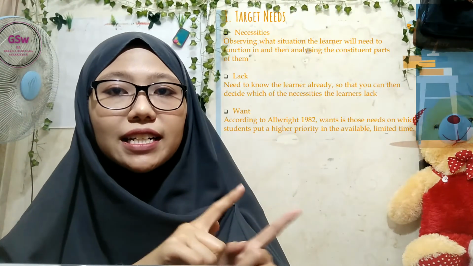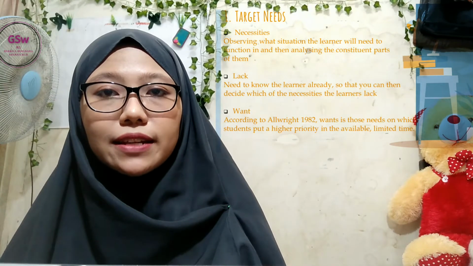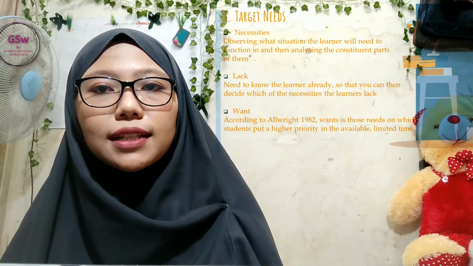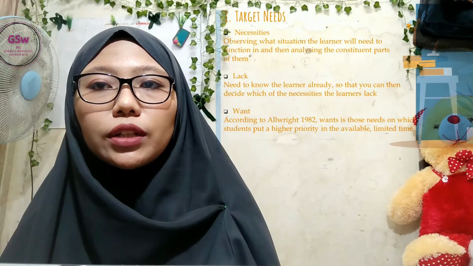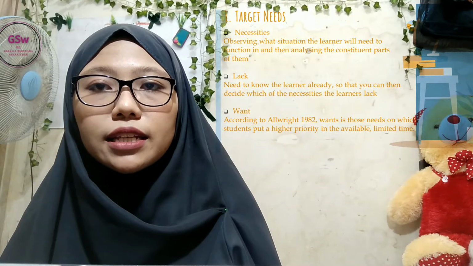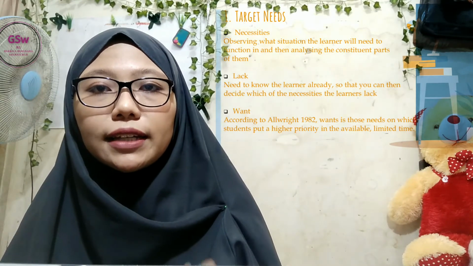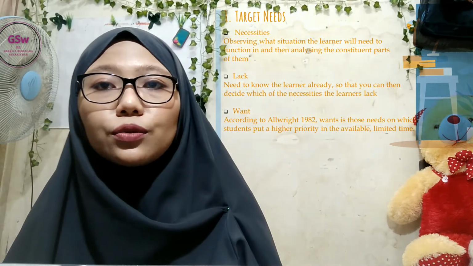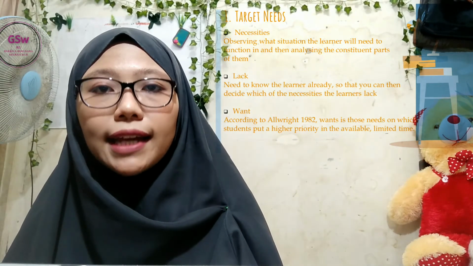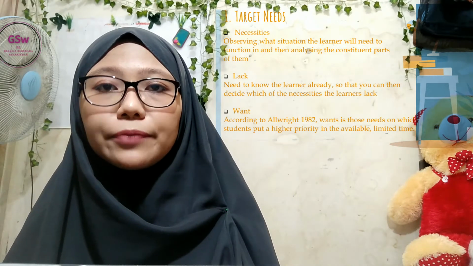Next slide. Target needs are divided into three components, namely, the first one, necessities, observing what situation the learner will need to function in and then analyzing the constituent parts of them. Second one, lacks, need to know what the learner already knows so that you can then decide which of the necessities the learners lack.